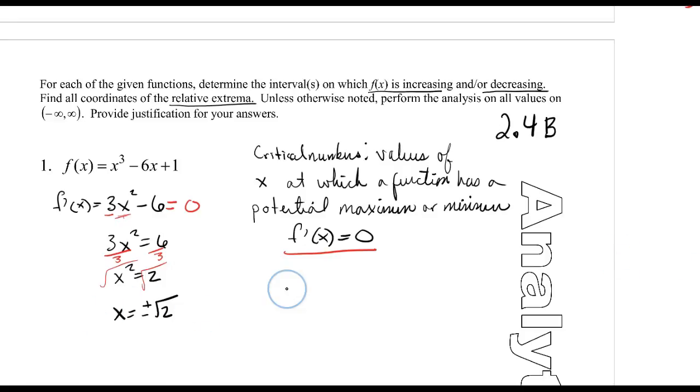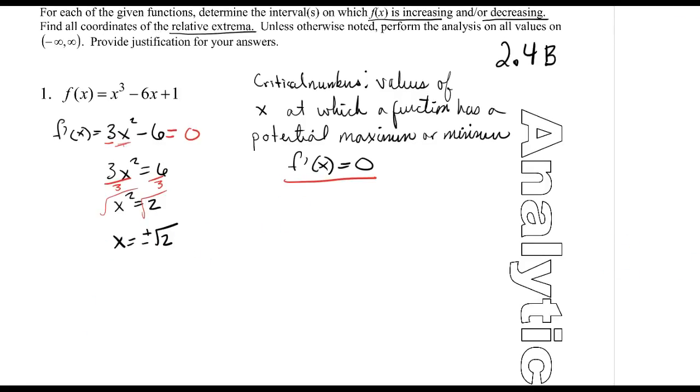Now, with these critical numbers, what we're going to do is set up something called a sign chart. This sign chart helps us find our different values. So my critical numbers are negative radical 2 and positive radical 2. I'm going to list them in order from least to greatest.